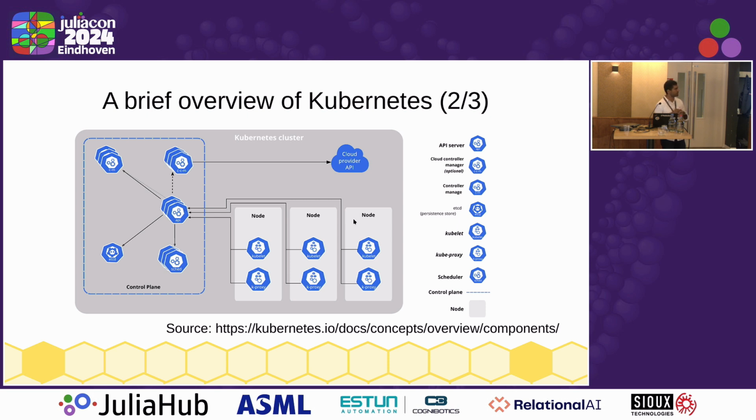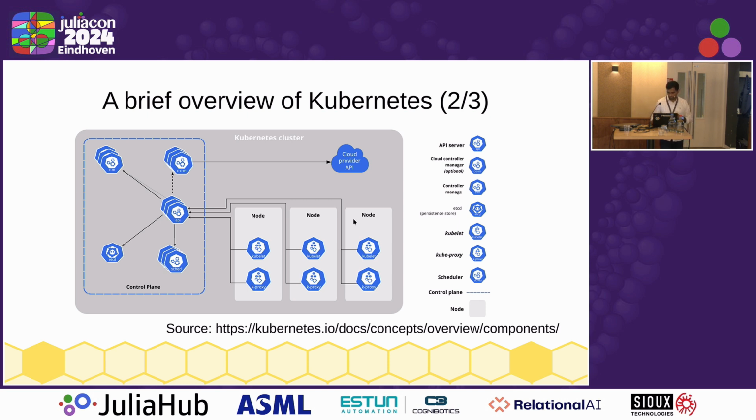Like if you launch a container, it does things like bring up the container on that node and basically bring that system to the desired state. Then there's the cloud controller manager, which talks to the actual cloud. If you're running this locally, then it doesn't do anything. But if you're running this on AWS, then that is responsible for bringing up your machines.